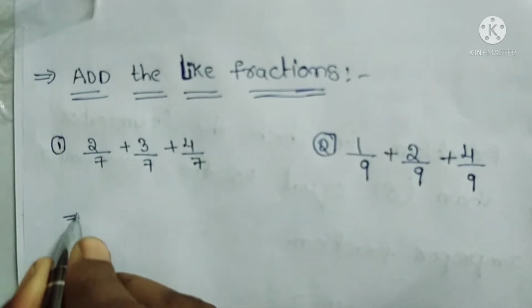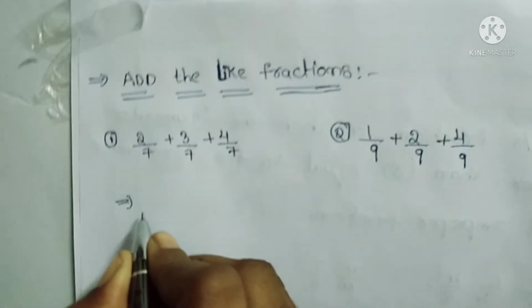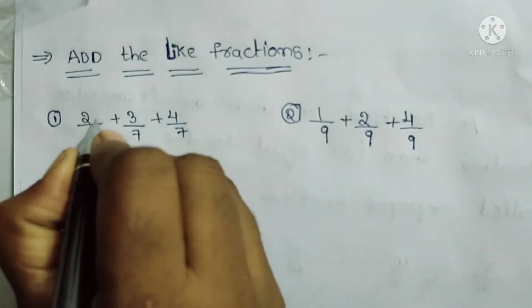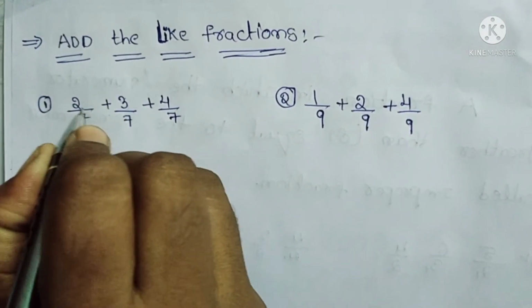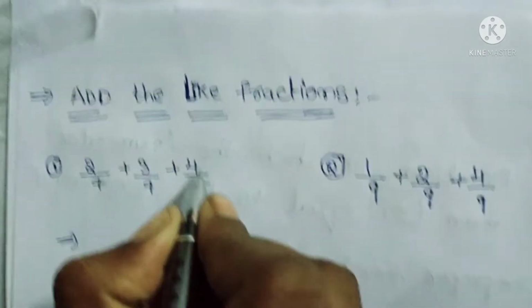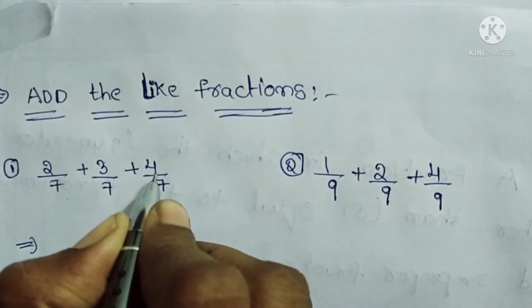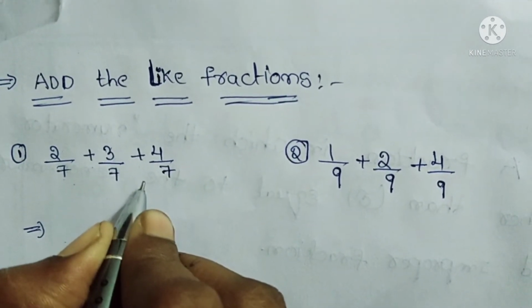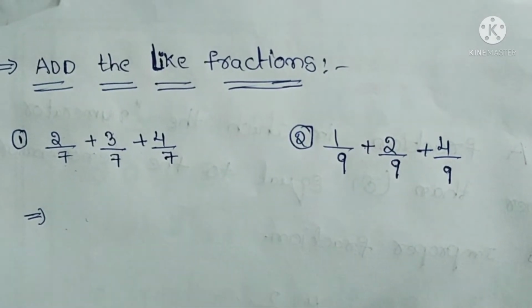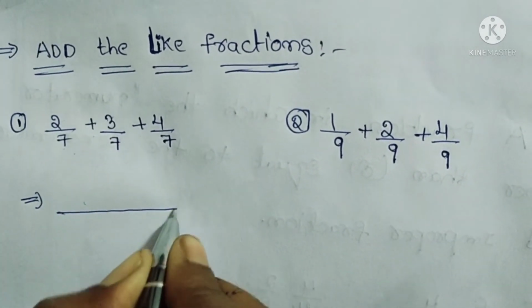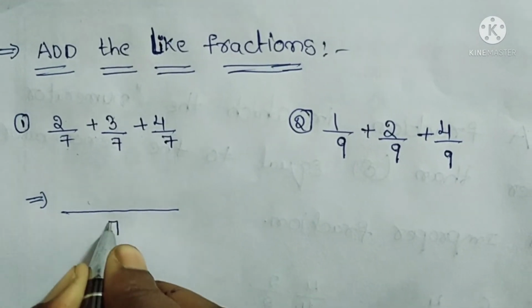In this problem, we add only the numerators. The denominators are written the same, so the denominator is 7.